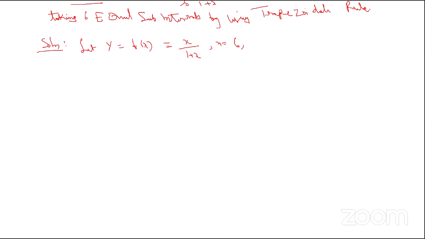Note, here the function f of x is approximated by a polynomial of first degree which passes through the 2 points. n equal to 6.